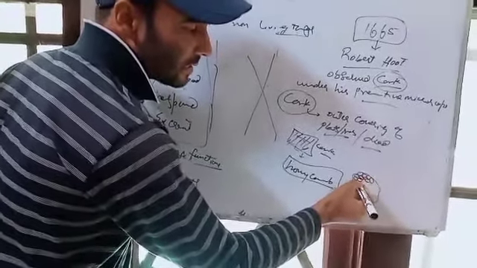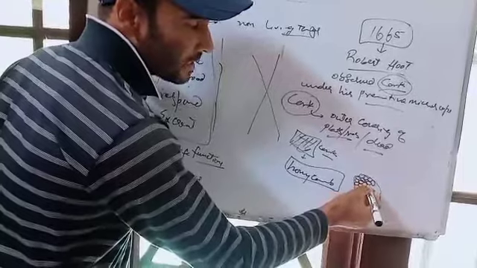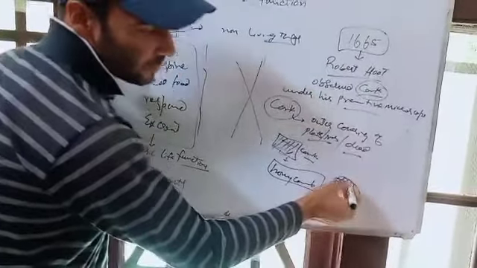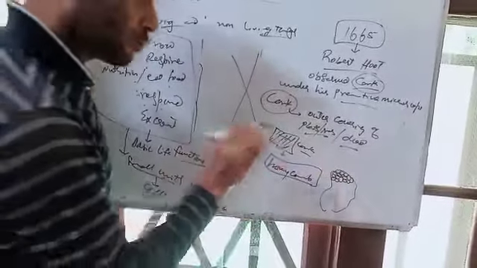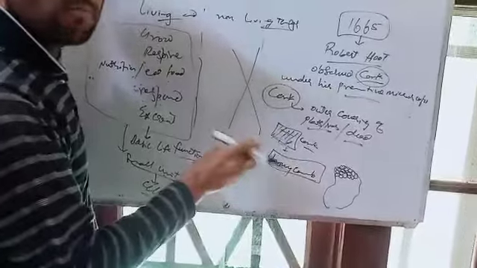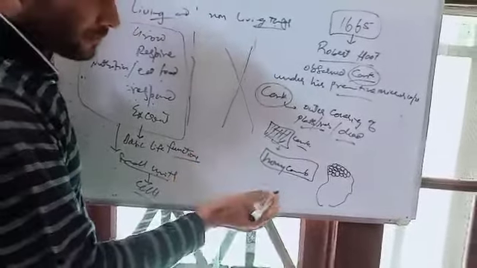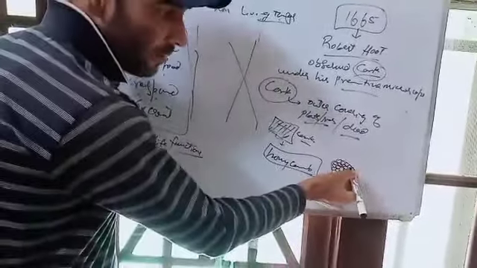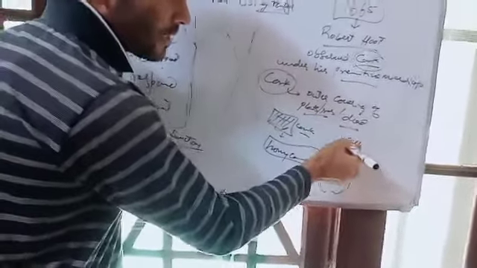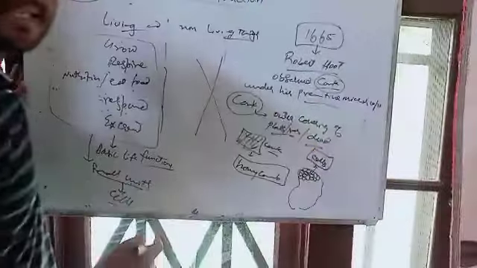And in 1665, Robert Hooke saw these types of small spaces in that piece of dead plant tissue. He named these spaces cells. What is the meaning of cell?